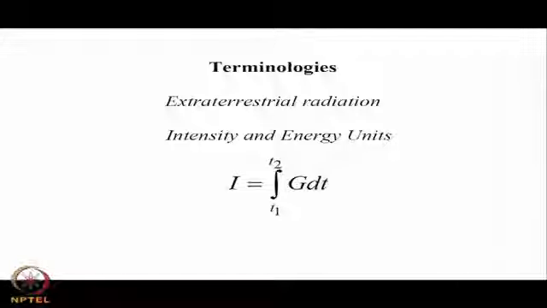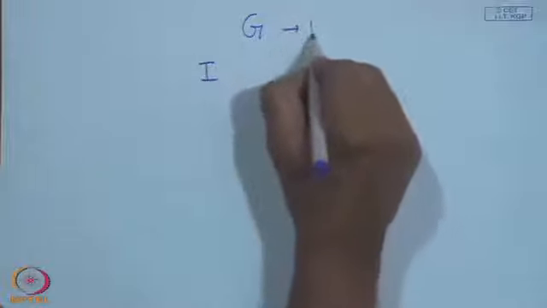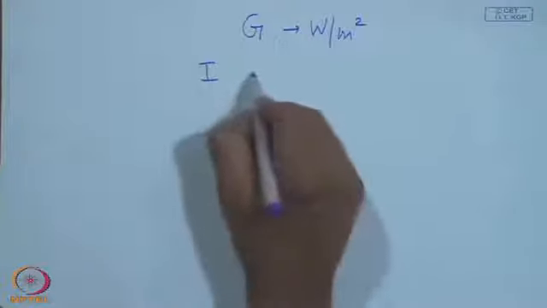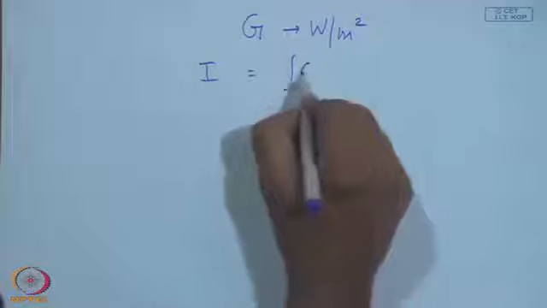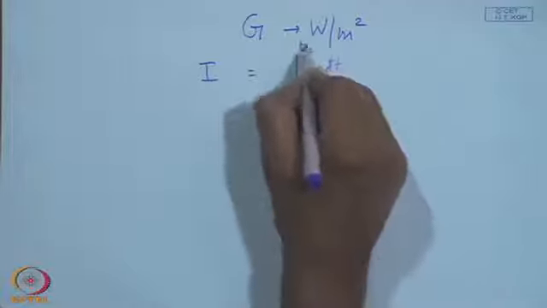First thing is extraterrestrial radiation, intensity and energy units. Now, whether it is terrestrial or extraterrestrial, if intensity is indicated by G, which is in watts per meter square, I will take the integral of G dt over the time period T 1 to T 2.